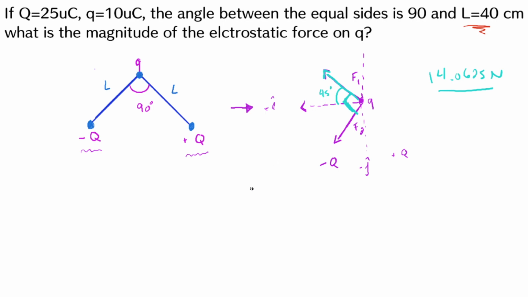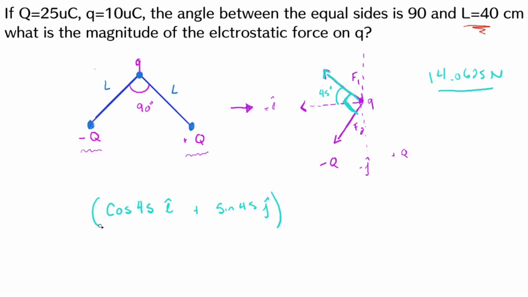So I have two components to this. I have cosine of 45, which is going to give me my i hat direction, and I have sine 45, which is going to be in my positive j hat direction.